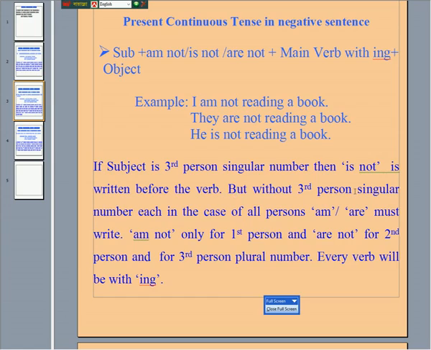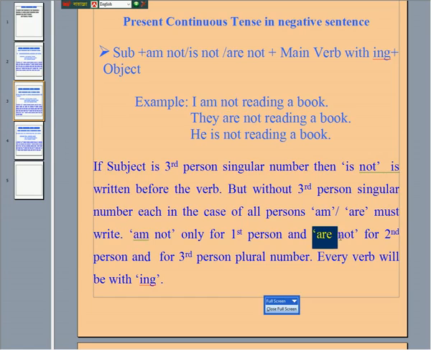But without third person singular number, in the case of all persons, you must write am or are. Am not is only for first person, I, first person singular number.